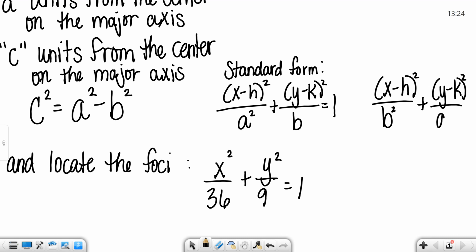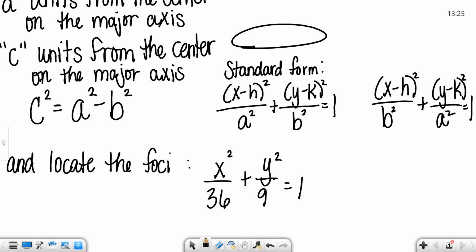Okay, these equations are very similar. Notice the only difference is where the a squared and b squared are located. I told you these are the two equations that are the standard form. One of these equations represents an egg laying down, the other represents an egg standing up. If the egg is laying down, then it has a horizontal major axis.